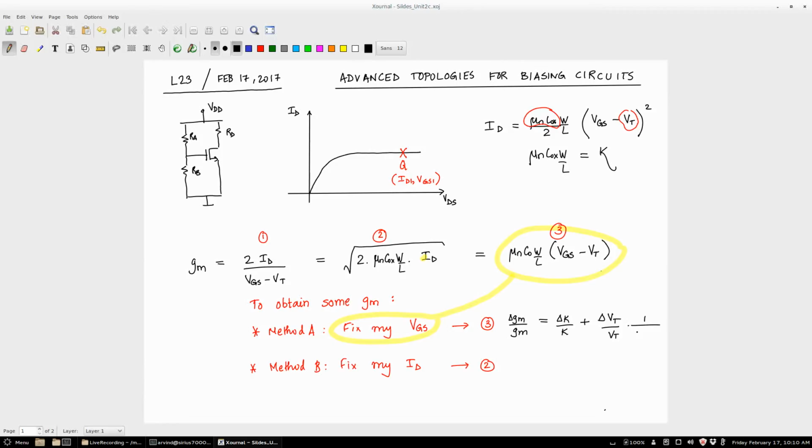Okay, so we made a mistake in the previous thing. If your expression was right, this is what we need. So that's why something was not okay. So if you go back here, you will have dk by k and delta vt and you will have into 1 by, which one?